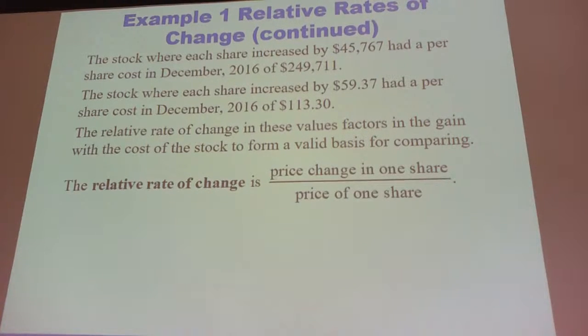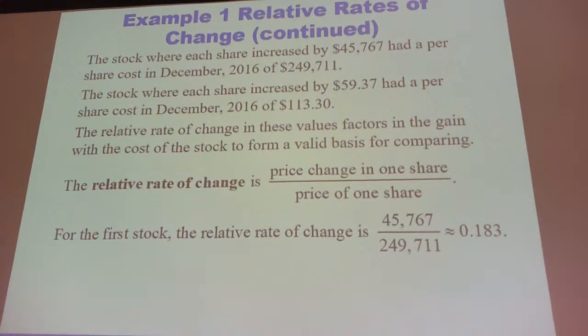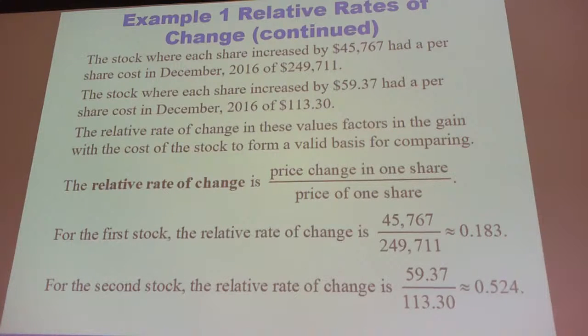So if we want to find the relative rate of change, we take the price change of one share divided by the price of one share, and we find out that yes, it went up $45,767, but each share cost $249,717, so that's only 0.183. But the one that went up $59.37, where it originally started at 113.30, that's 0.524.